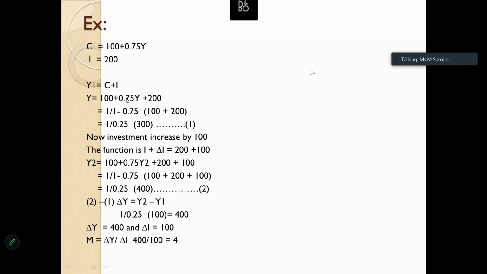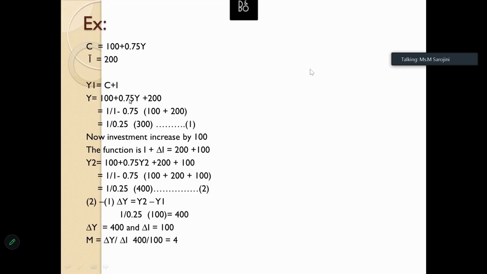Therefore, the equation is Y is equal to 100 plus 0.75Y plus 200, right? Once you rearrange these things, you get 1 divided by 1 minus 0.75 into 300, right? Here 200 plus 100 is 300.